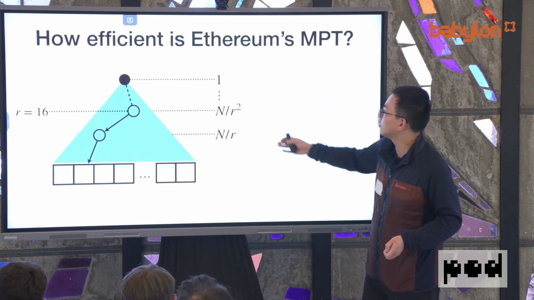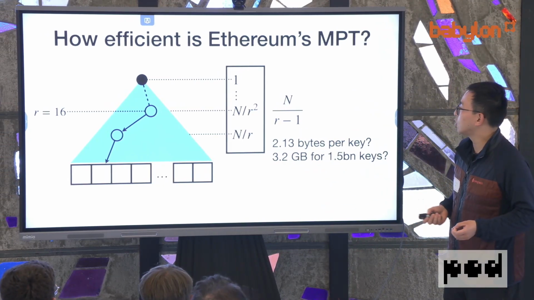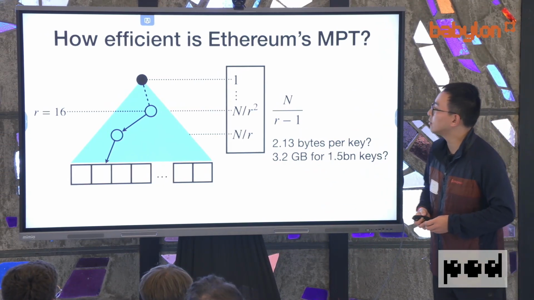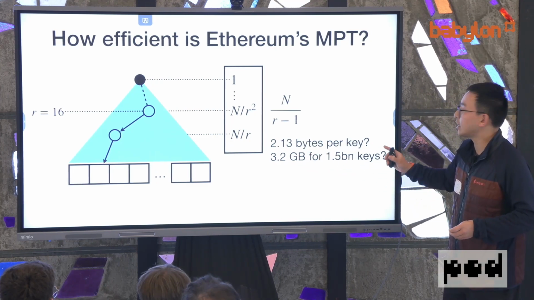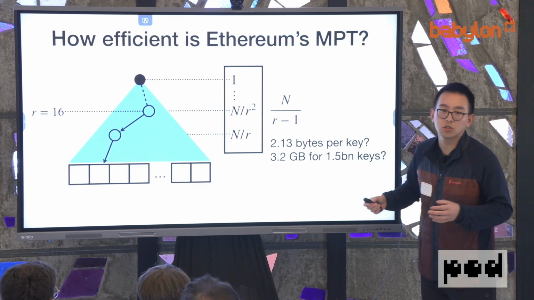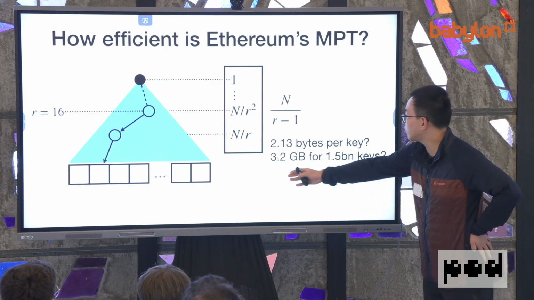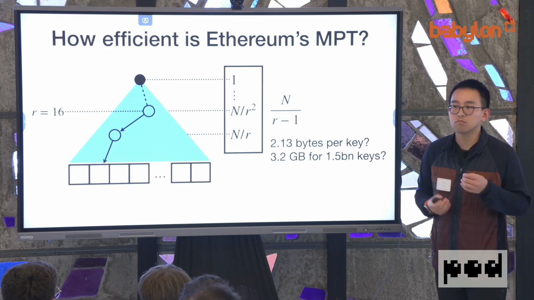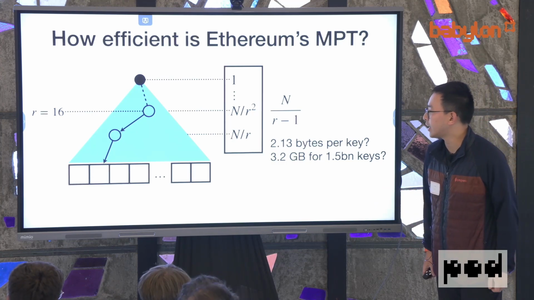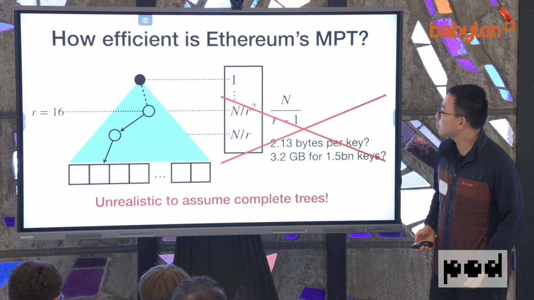And it goes on to the root. So if you add this series together, you're at n over R minus 1 in total. And that translates to 2.13 bytes per key, assuming 32-byte SHA-256 hashes. That's about 3.2 gigabytes for 1.5 billion keys, which is a recent measurement of the Ethereum blockchain. So it looks pretty nice, right?